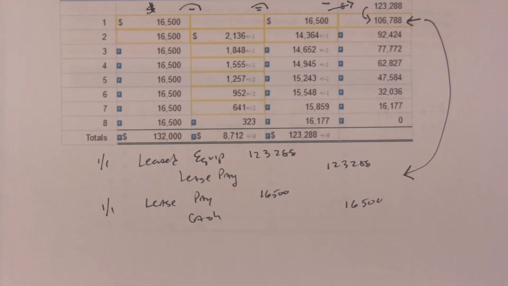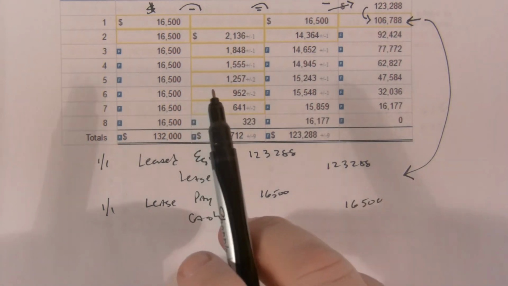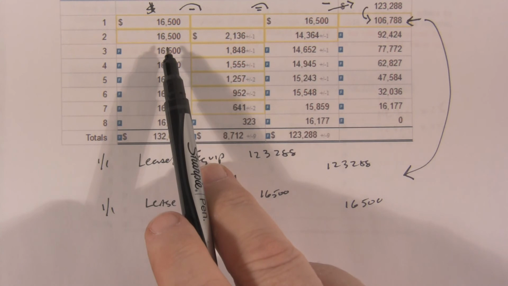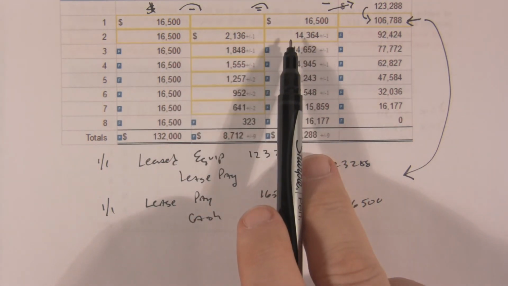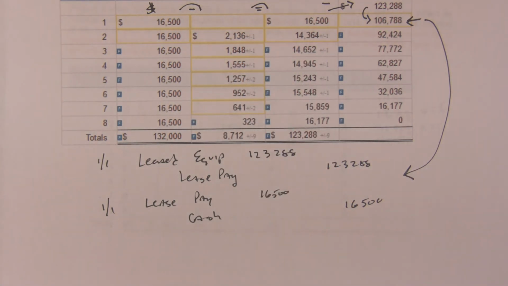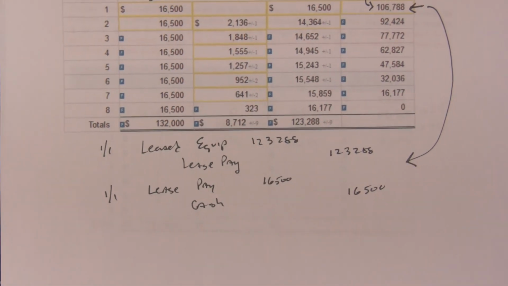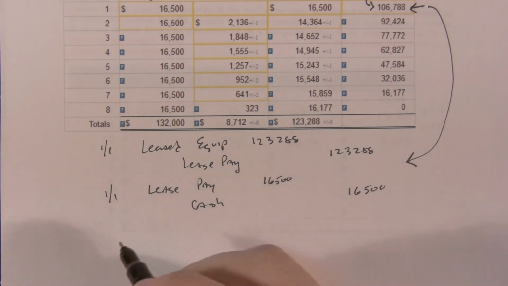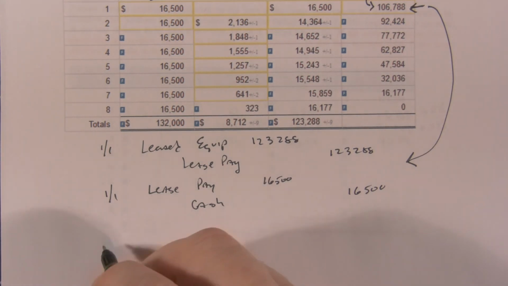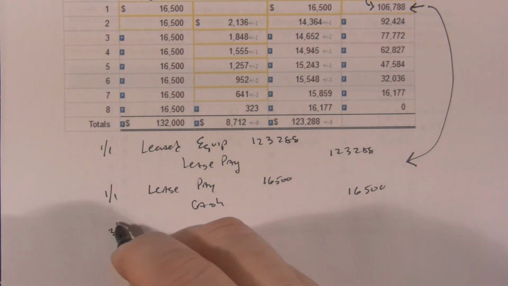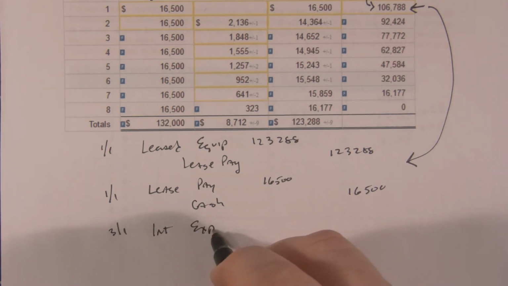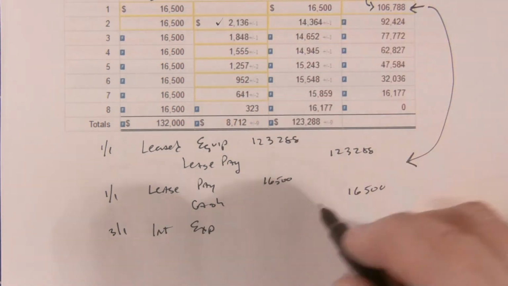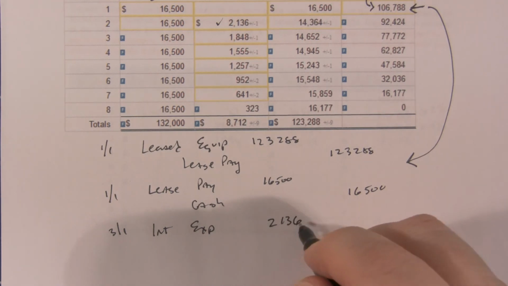Now, for the rest of this lease, we're always going to have the same entry. It's going to be credit cash 16,500, debit interest expense, debit lease liability, and that's going to be the same for the rest of the lease. So we'll do one. I'm not going to do all 8 of them because it's kind of silly. So you end up with, for April 1st, we have interest expense, $2,136.